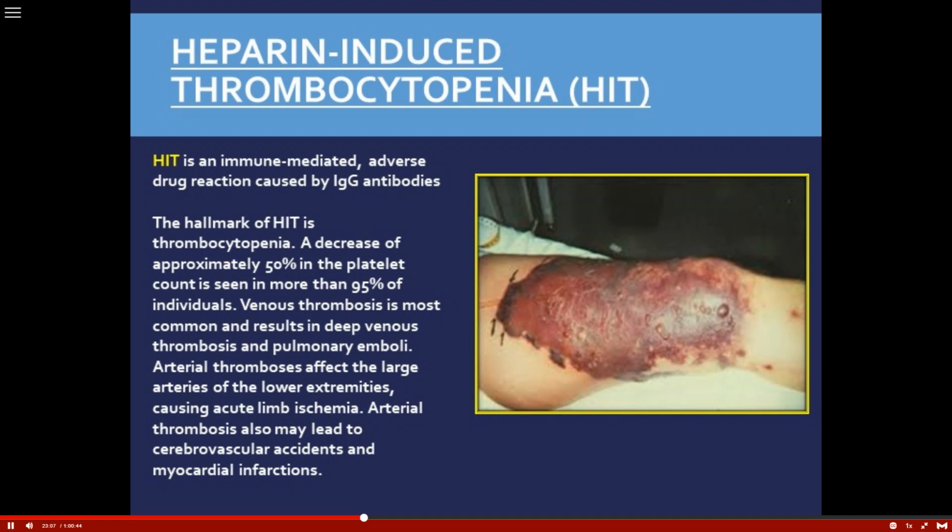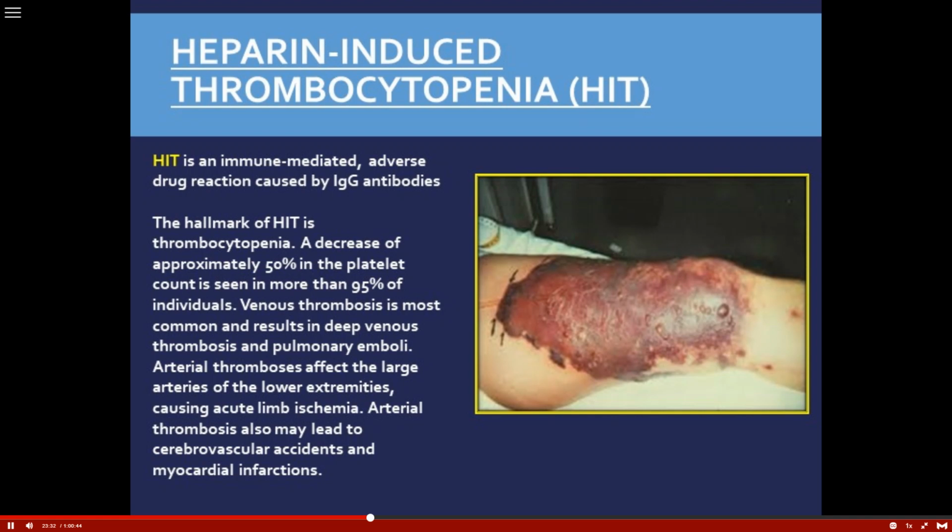Because that combination of that antibody and that little platelet that it's going against makes little particles. And those little particles will begin to clump or aggregate. And what does that make? A thrombus.